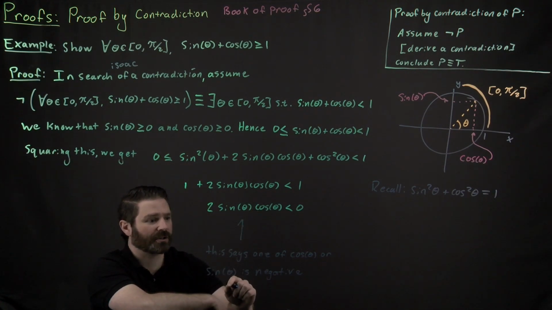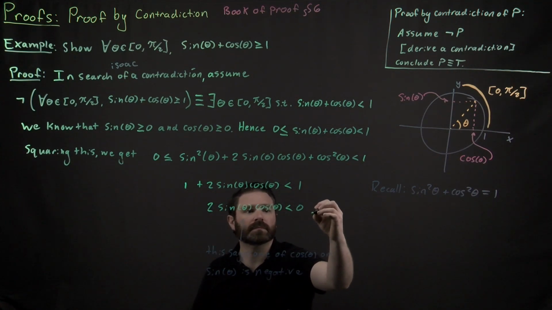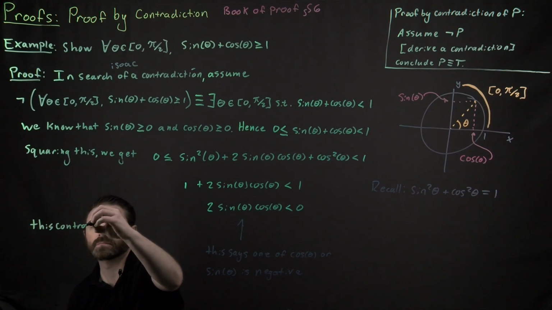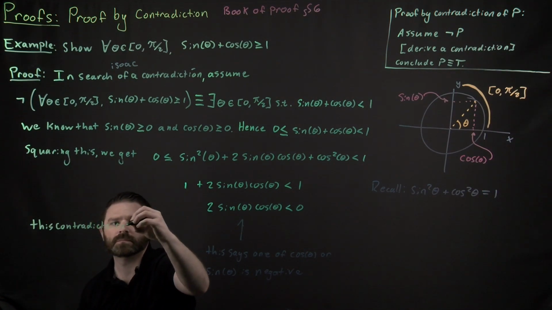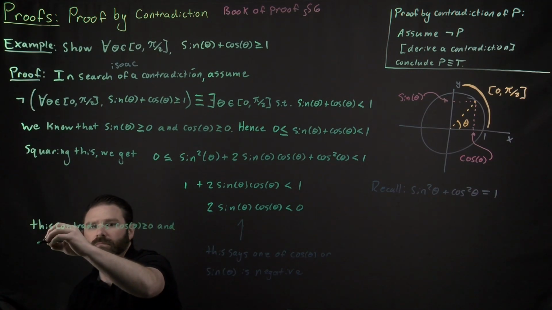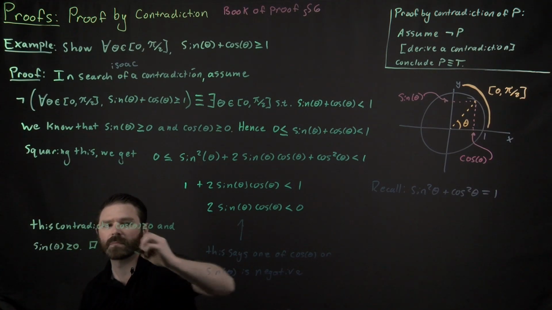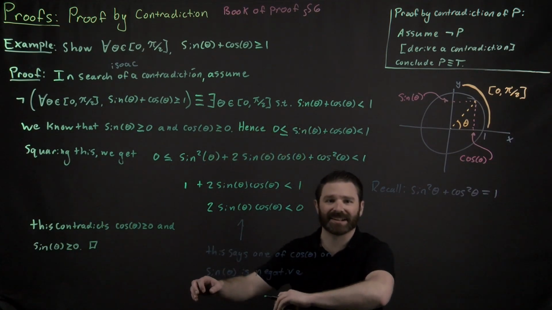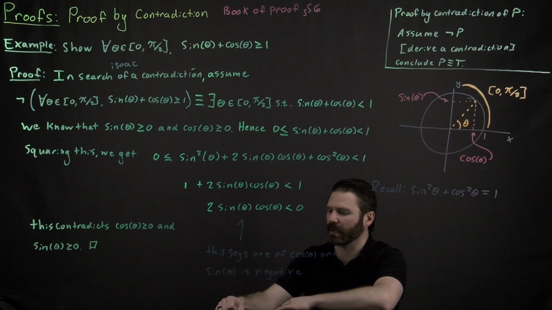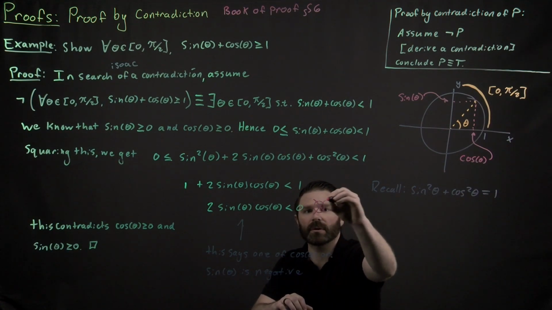Therefore, this is our contradiction. And then we can go ahead and conclude our proof, because we've been able to derive a contradiction. This part, that was our big old contradiction.